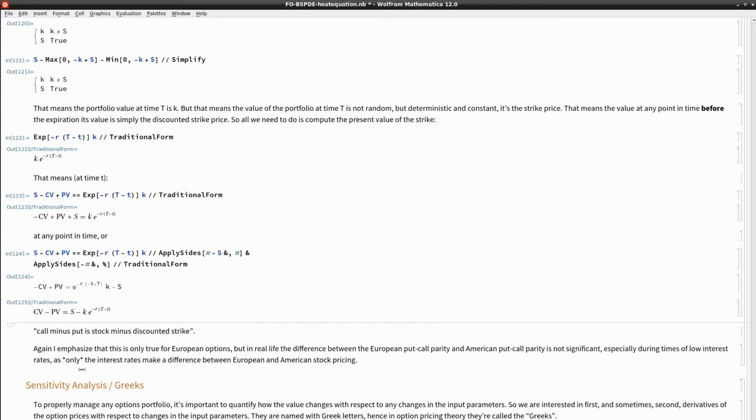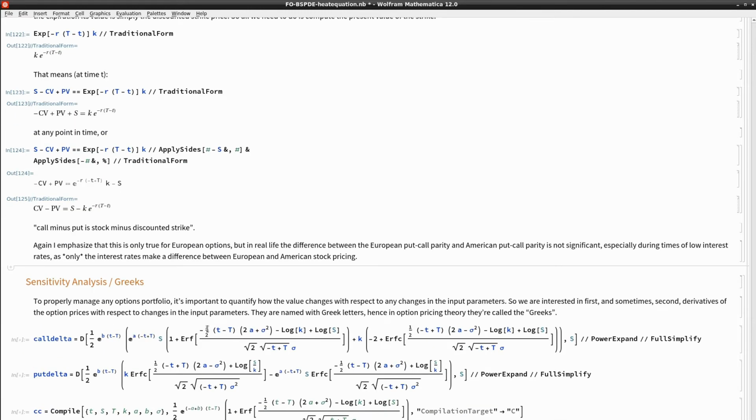All right, next I want to look at the sensitivity analysis parameters, and they're called Greeks. In option pricing theory, they're called the Greeks. So in order to properly manage an options portfolio, we have to be able to quantify how the value of the portfolio changes with respect to any changes in the input parameters.